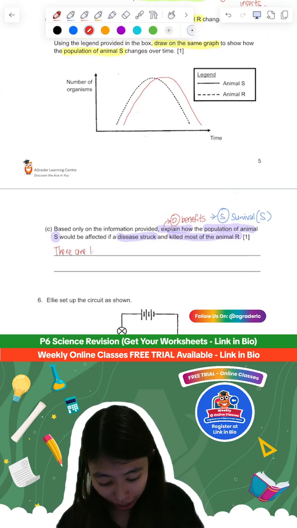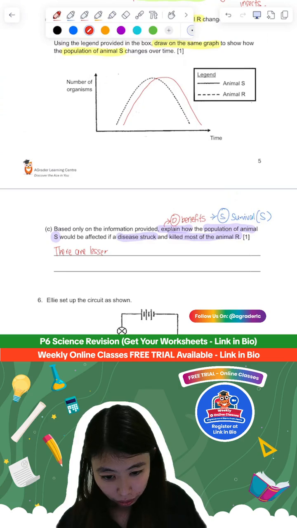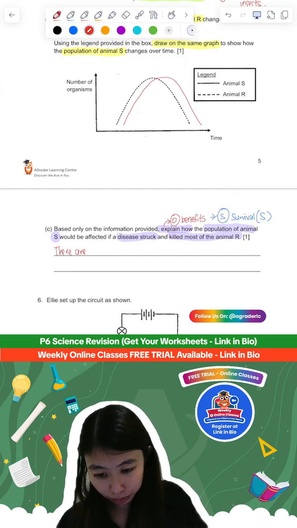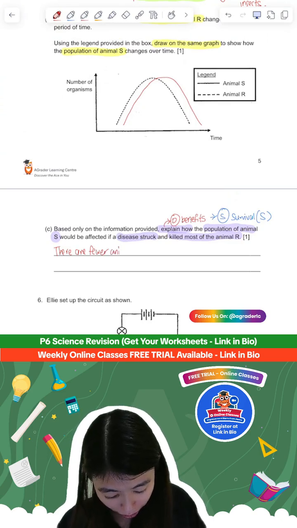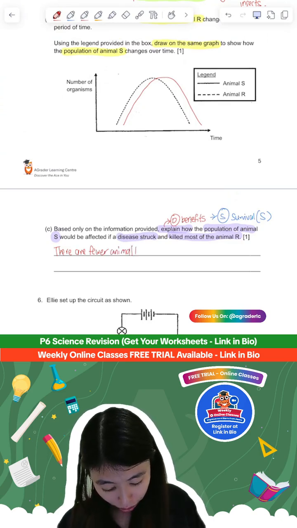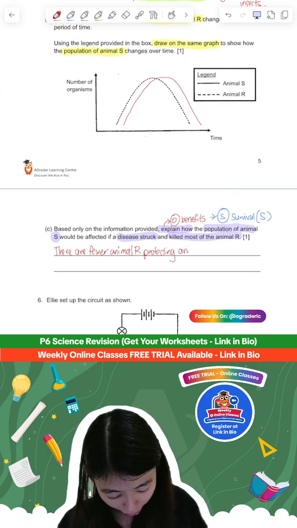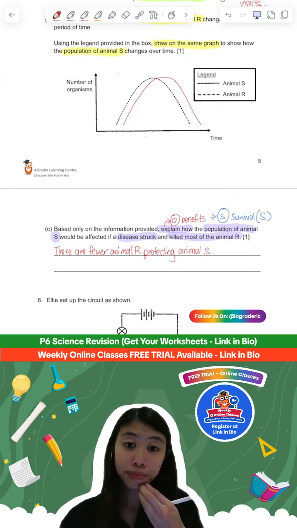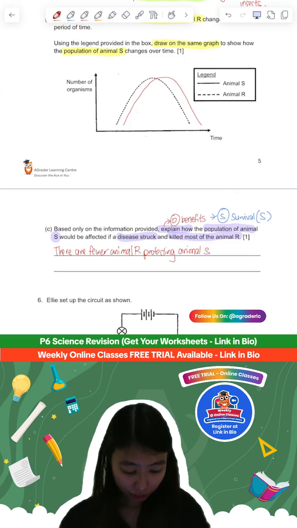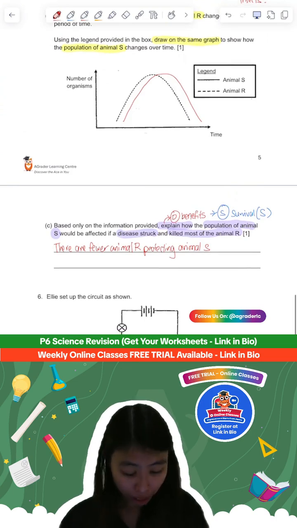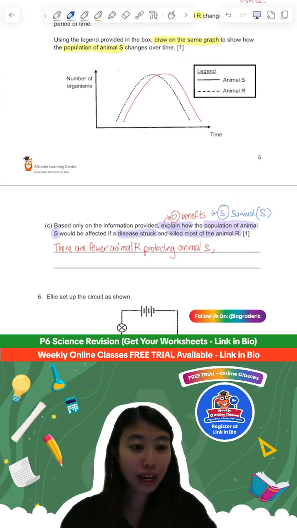There are fewer, or we say fewer, animals protecting animal S. So what will happen if there are fewer animals protecting animal S? Okay, good. I read some of your answers.